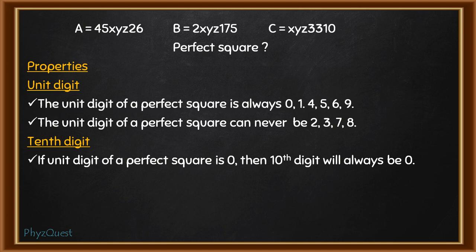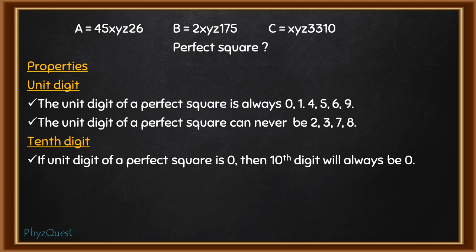Why? Consider the square of 10, which is 100. 20 squared is 400. 40 squared is 1600. The squares of these numbers always have an even number of zeros.